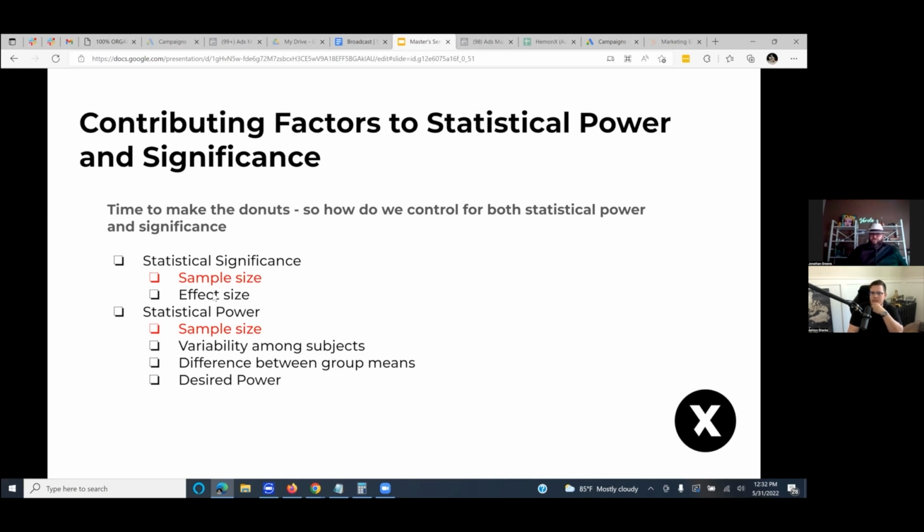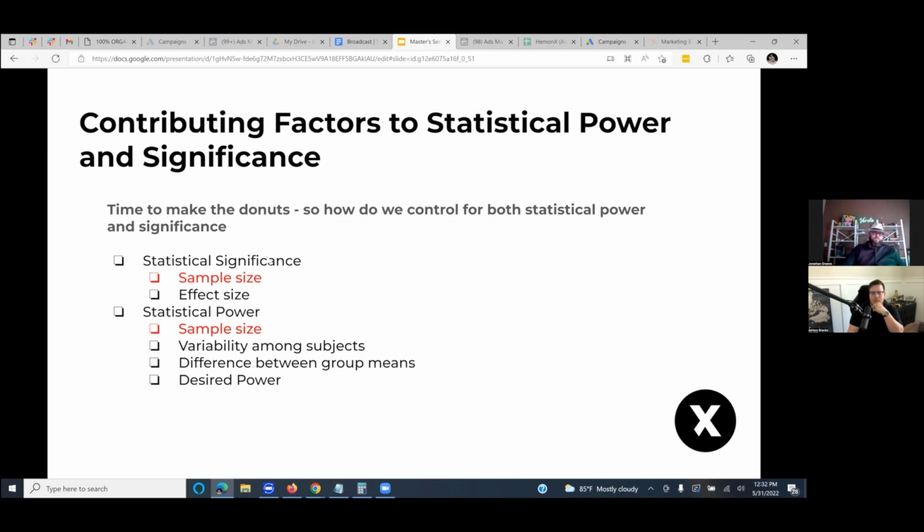That's what effect size means. That's how statistical significance is calculated. And statistical power is calculated using sample size, variability among the subjects, which is to do with sampling bias, the difference between the averages of the tests, and the desired level of sureness that you want to have, that you're not going to have a type 2 error.